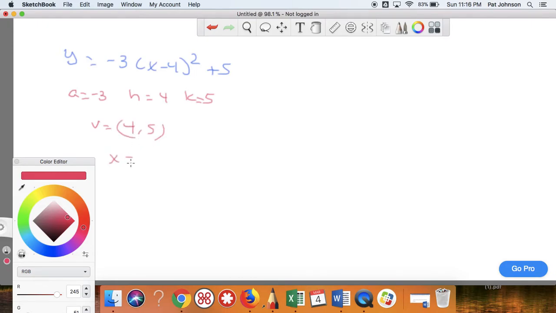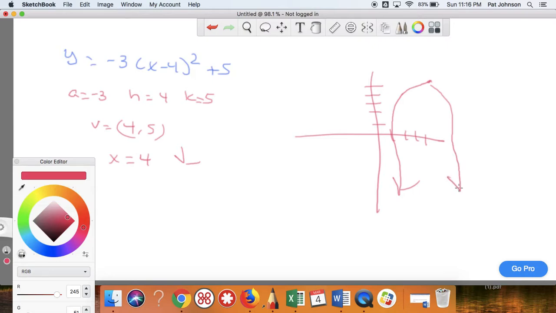Our axis of symmetry is x equal 4, and we know it opens down, so we can go plot 1, 2, 3, 4, 1, 2, 3, 4, 5 here. And of course, I didn't do a really good job here, but that's what it is.